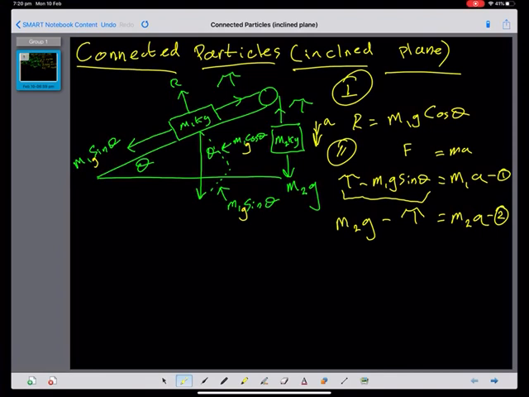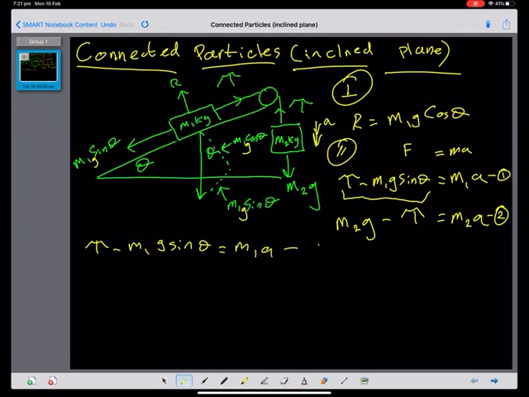If it wasn't, we wouldn't have any acceleration. So we've got two equations. Equation 1 is tension minus m1 g sine theta equals m1 a.